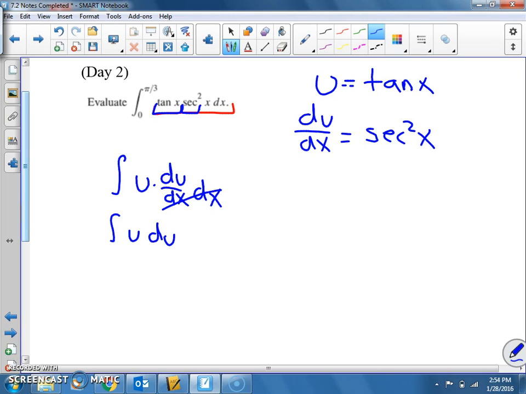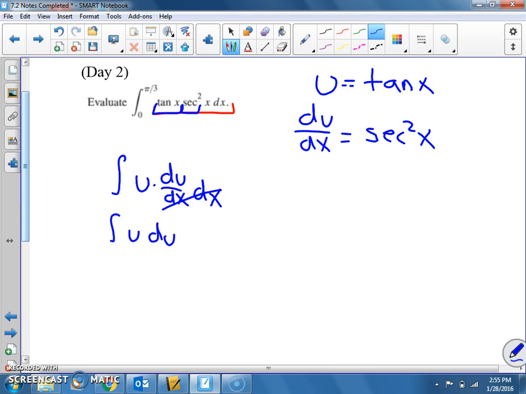But when we deal with definite integrals, the limits are going to change. What do you think we're going to do to change the limits here? Not going to restrict the domain necessarily. Well, that's not what we want to do here. Let's take that y value and plug it into the new function.